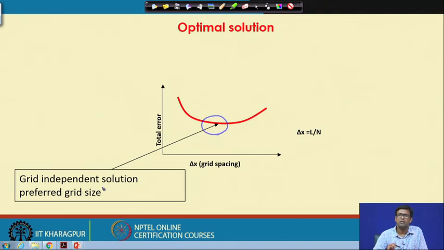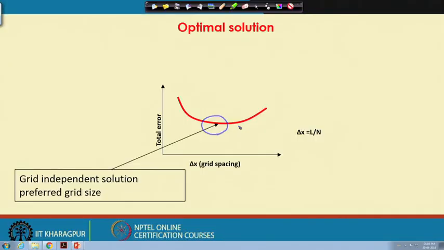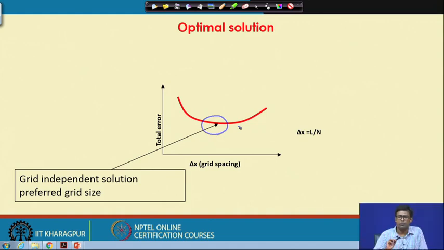We call this a grid independent solution, because if we change the grid size slightly, there will be no change in error at this part. This is the optimum grid spacing in which the solver should work to get the most accurate solution, and this is what we call the preferred grid size.